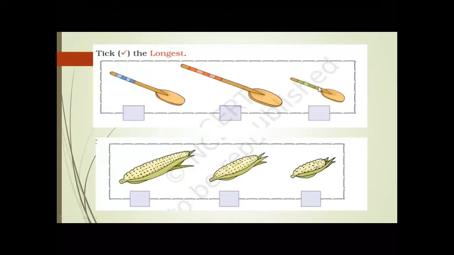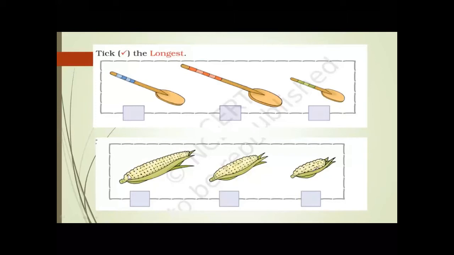Yes. Because it is small, big, and bigger. So we can say large or larger. So this one is longest. So we have to tick mark on this option because it is the largest among these things.